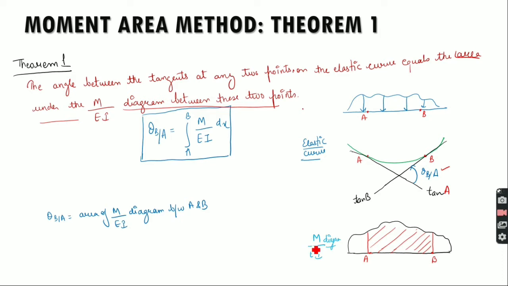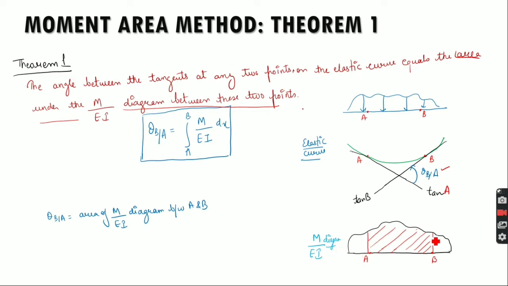So what is this M by EI diagram? We have already studied how to draw the bending moment diagram for any beam. The M diagram is the bending moment diagram. If we divide all the bending moment values by EI, which is the flexural rigidity of the beam, then we will get the M by EI diagram.